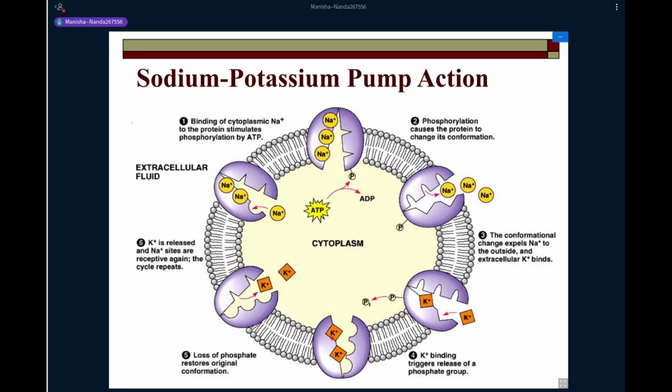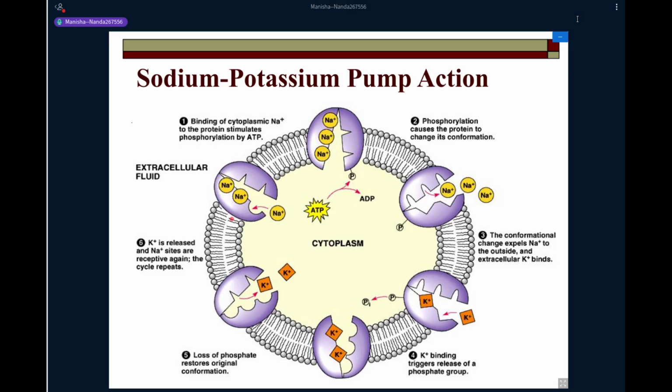The protein is dephosphorylated, leading to the opening of the protein towards the intracellular side, and thus releasing two potassium ions inside. Now again, if the intracellular sodium concentration is still high, potassium is released, and it is free to bind to three sodium ions, because the opening of this channel towards the intracellular side in its dephosphorylated state is the most optimum condition for binding of sodium.